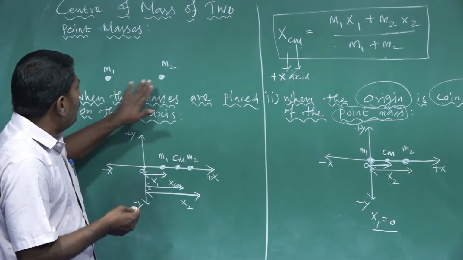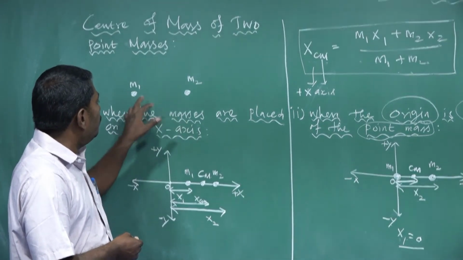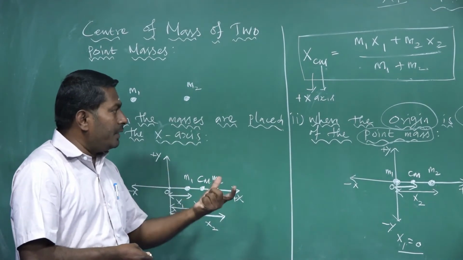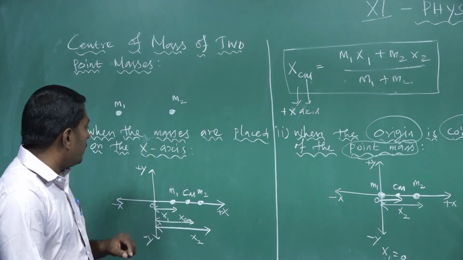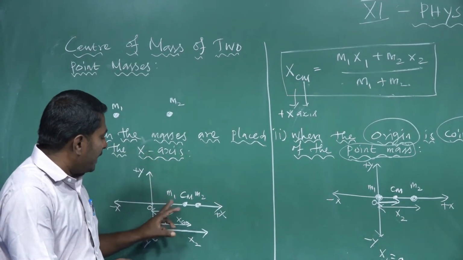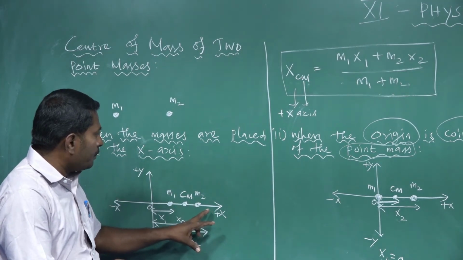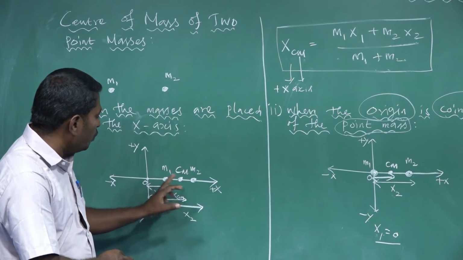So see the students, we assume there are 2 point masses. How to determine the center of mass point of the 2 point masses? There are 3 ways to determine the center of mass of the 2 point masses. One is when the 2 point masses are lying along the positive x-axis. Then it is possible to determine the center of mass of the 2 point masses.